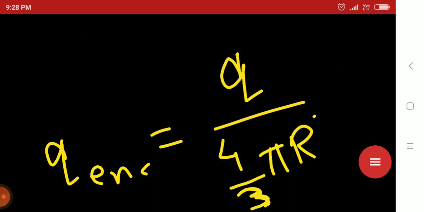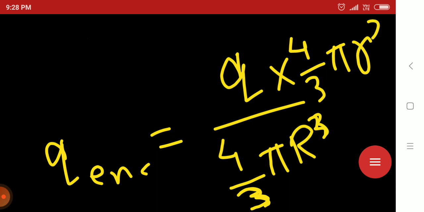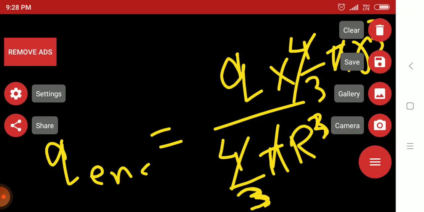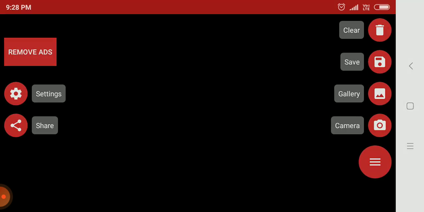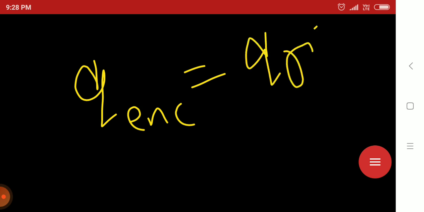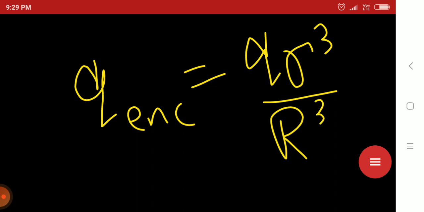But we have to calculate the electric field in the small region of the Gaussian surface, which has volume 4/3 pi small r cube. So the 4/3 pi terms will cancel out. So the enclosed charge will be Q into small r cube by capital R cube.